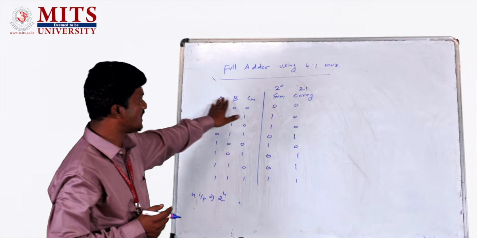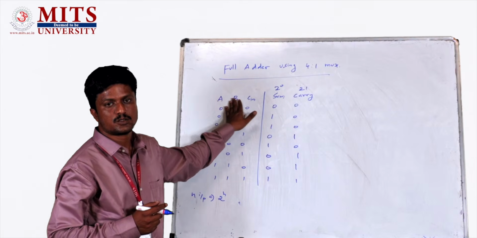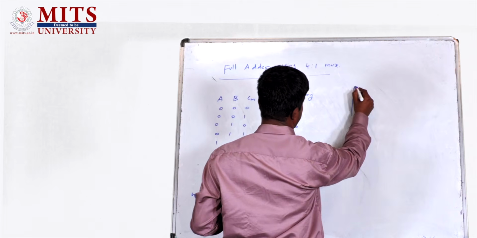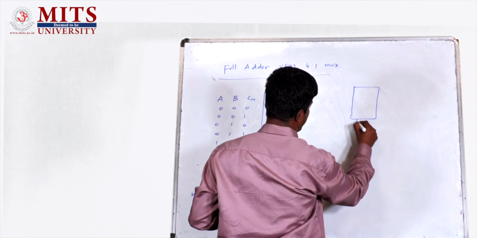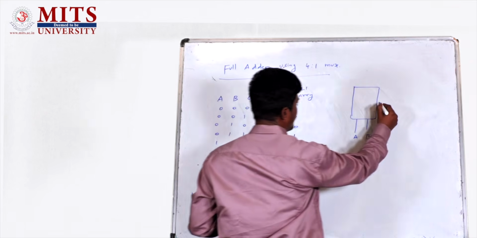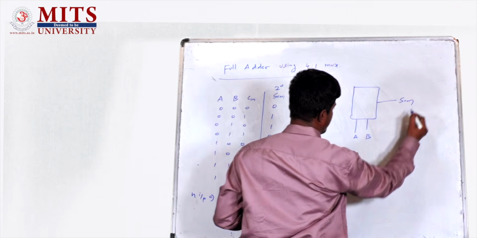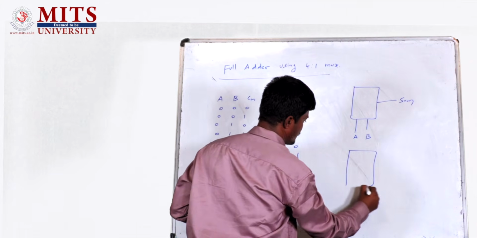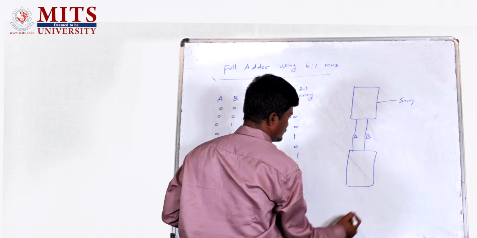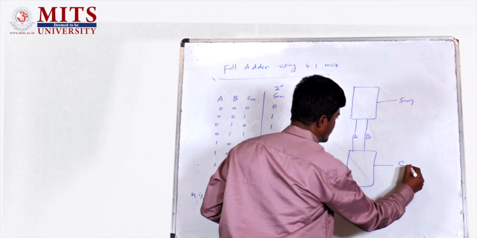Now I am treating A and B as the 2 selection lines. That is for sum, and similarly the same for carry.